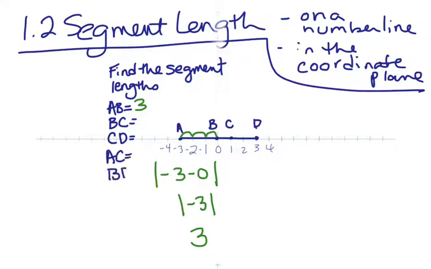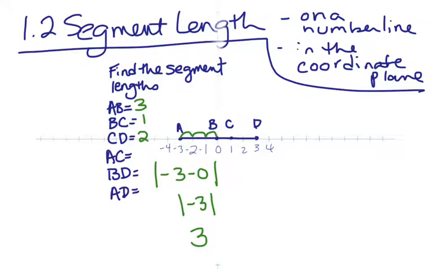We're not just going to find those little ones, we're also going to find the ones that are made up of the little points. BC is 1, CD is 2. Those are all the little individual ones, but then if we look at AC and BD and AD, they're made up of the building blocks of the smaller segments. We can either use segment addition postulate to find AC.